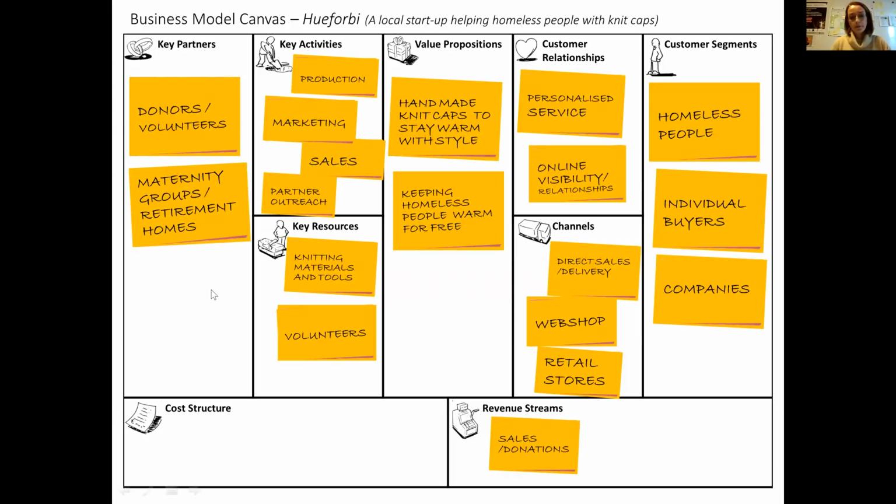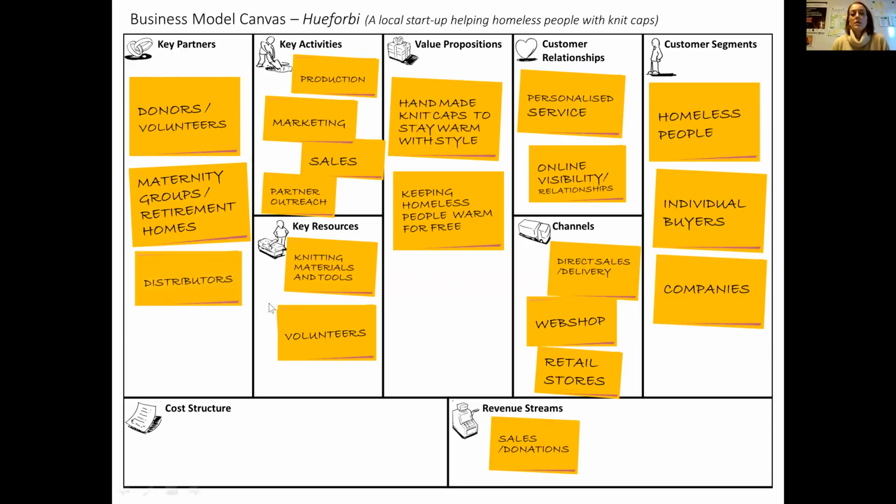And to attract more volunteers to help us, we can go and negotiate with maternity groups and retirement homes, which are usually full of people with idle hands, who would be very happy to help us with our social mission.